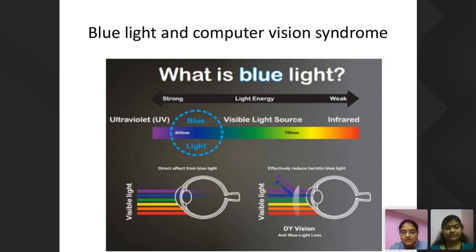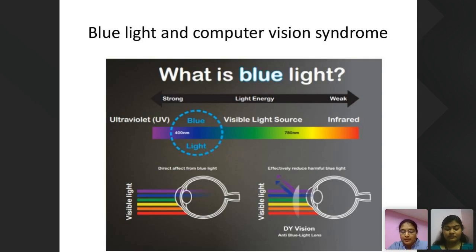What happens to this blue light is it will enter the eyeball and hit the retina. Even though it is a short wavelength, the depth of penetration will be more and it has high energy. It causes damage to the retina, and it also affects the circadian rhythm.